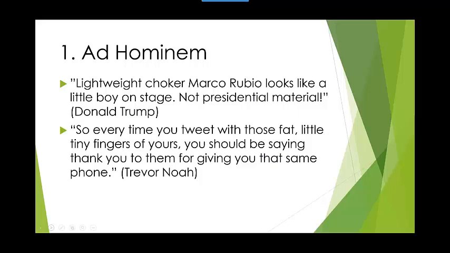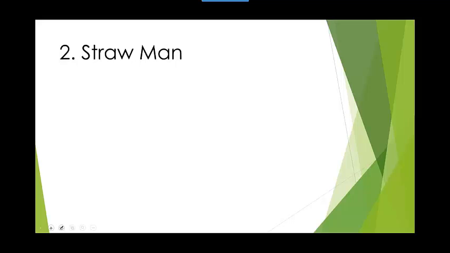He's more just saying that Donald Trump has fat, tiny little fingers, which, whether it's true or not, is irrelevant. You can't use that as a logical argument. We do this all the time where, especially if we're mad, we just start insulting each other, which is not necessarily very productive. Okay.